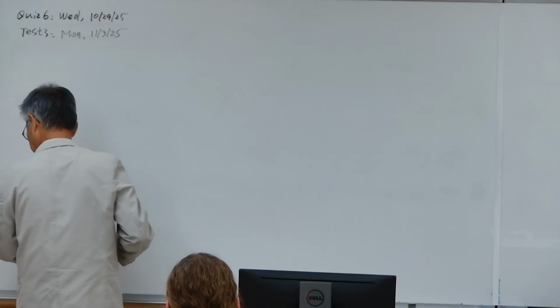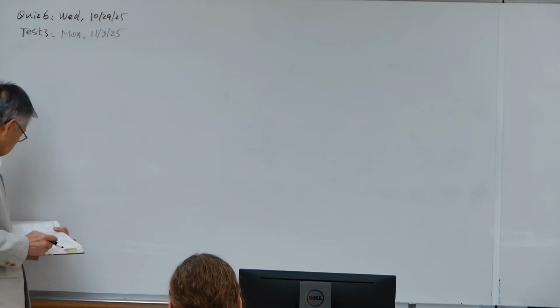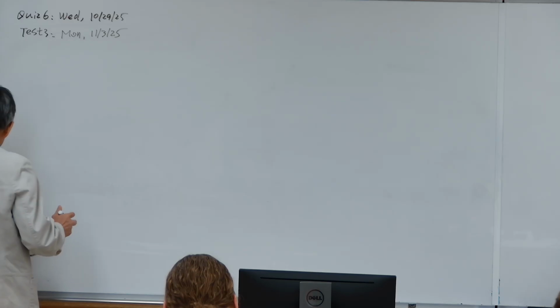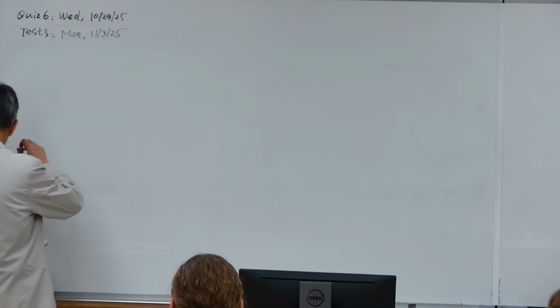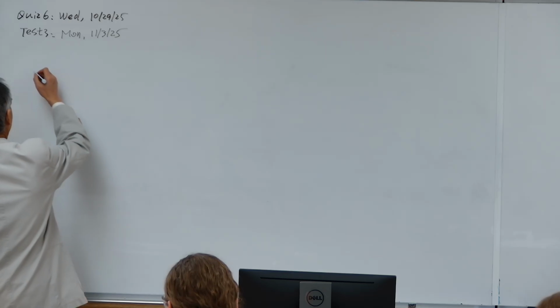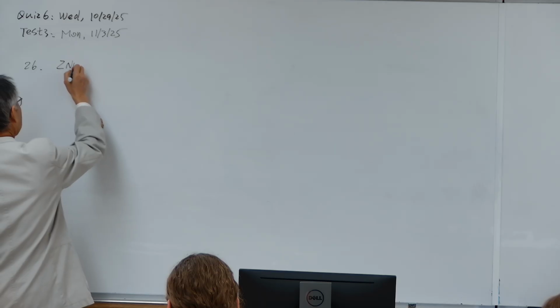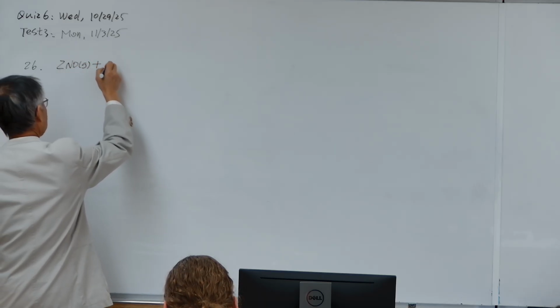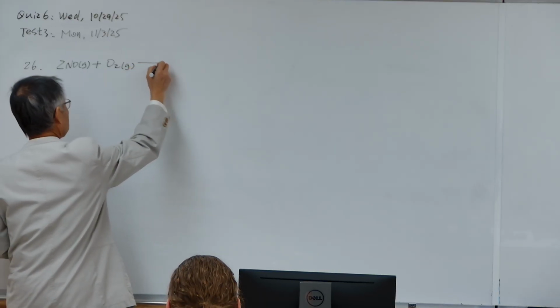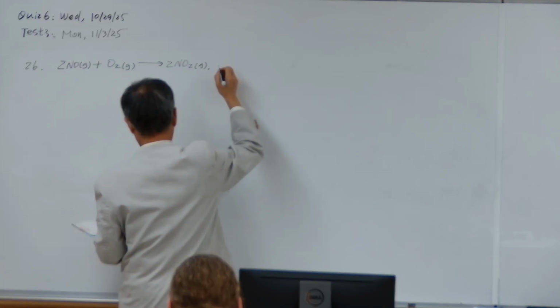Question 26 asks you to determine the amount of heat given off when 1.626 times 10 to the fourth power gram of NO2 are produced. According to this balanced equation, 2NO react with O2 to produce 2NO2.